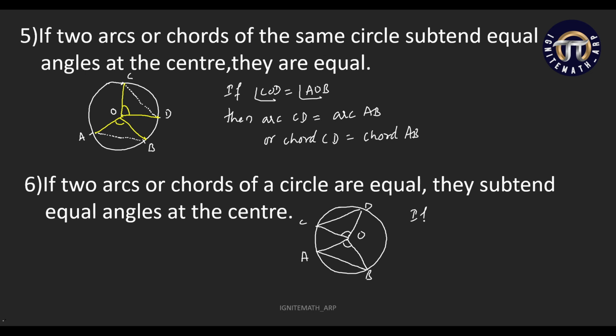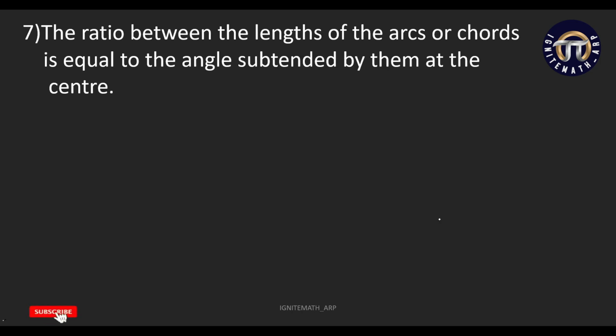So here it says that if arc or chord AB is equal to arc or chord CD, then the angle AOB is equal to angle COD. These are the angles subtended by the arc or chord AB and by the arc or chord CD at the center. Clear, children? Again, both of them are converse statements. Now, see the next one.